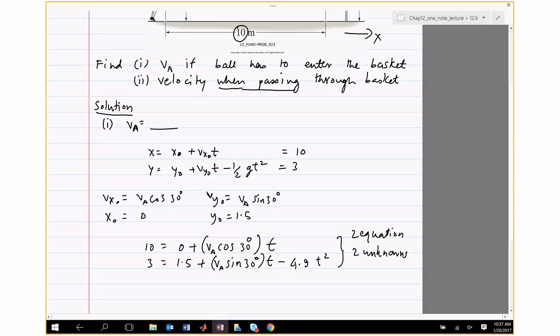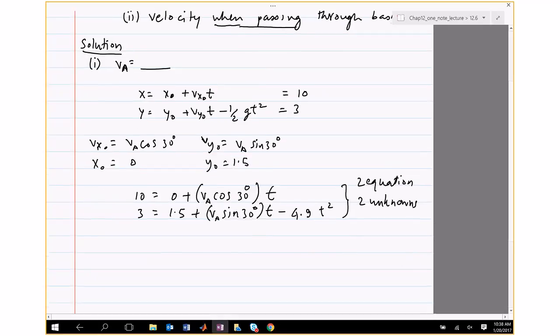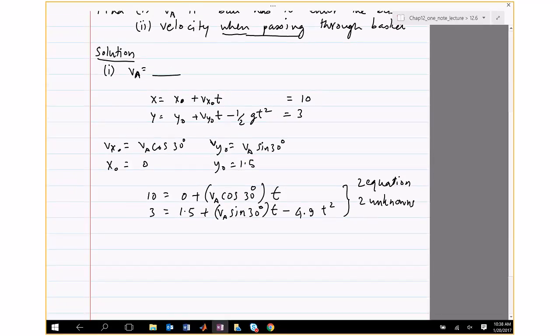Okay, so this is two equations, two unknowns, and you know the basic rule in algebra is if you have two equations, then you can solve for two unknowns, provided those equations are distinct. They are distinct, right? They're not looking similar. So we can solve for velocity as well as time using these two equations.